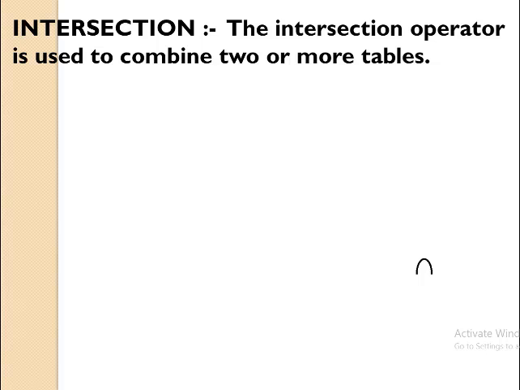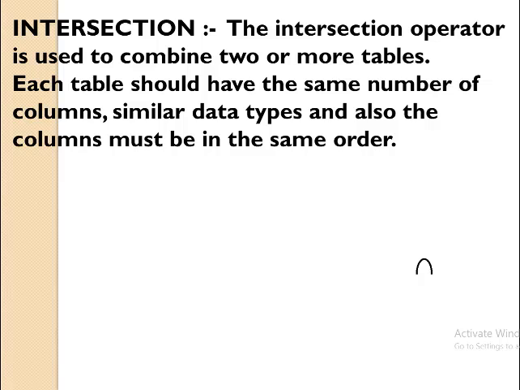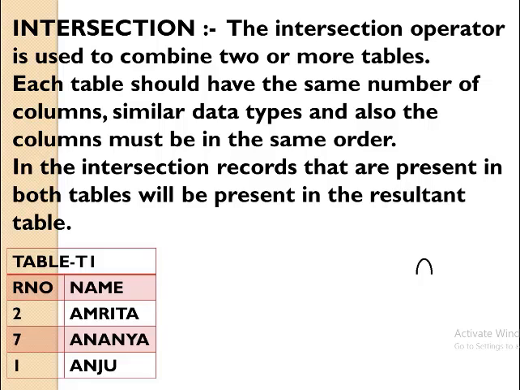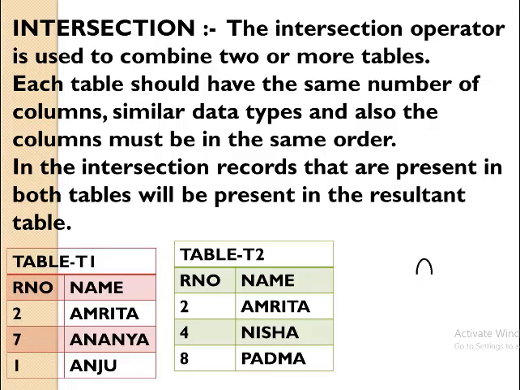Next is intersection. It is also an operator that combines two or more tables. Each table should have a similar number of columns, similar type of column, and columns in the same order, same as union. But in intersection, only those records from both the tables will be displayed which are the same in both.